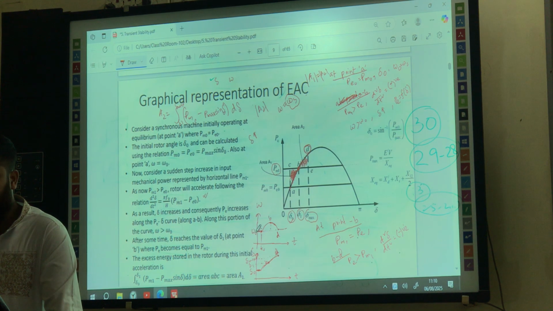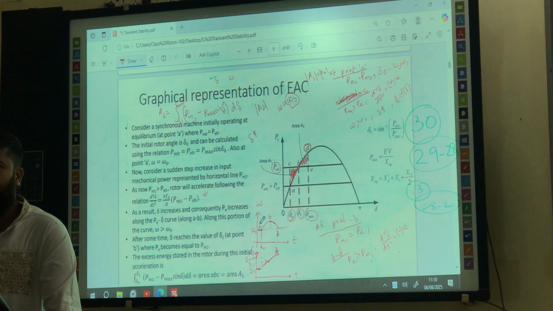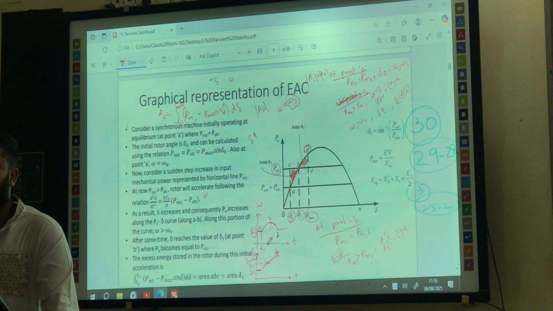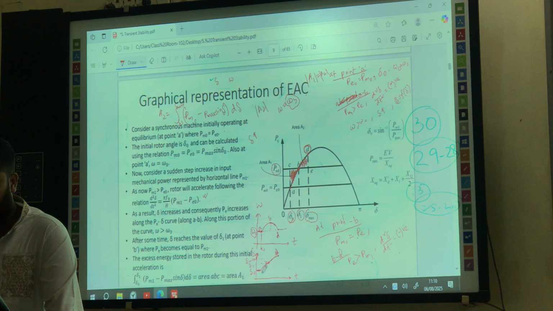And if this omega increases, then the delta will also increase, because the relative speed is positive in this region, since this is omega naught. Once the omega value is higher than omega naught, the delta will increase. So from point A to B, this delta value is increasing from delta naught to delta 1.